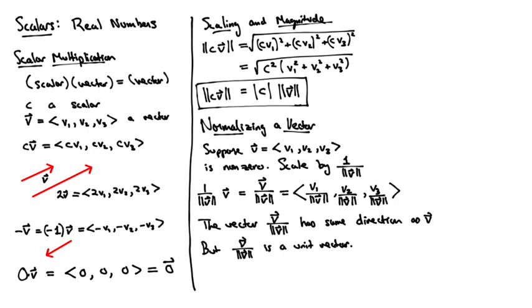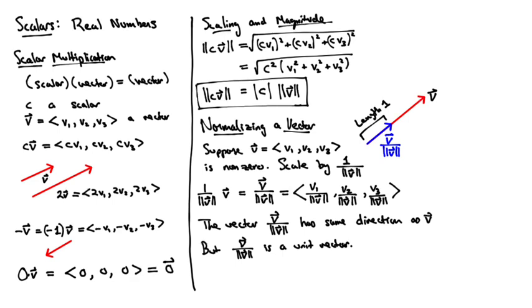This process of taking a vector v and scaling it by the reciprocal of the length is called normalizing the vector. If that's my vector v and say it's very long, maybe it's 5 units long or something, then you should imagine that the normalized vector starts at the same point, but now has a length of 1 unit.